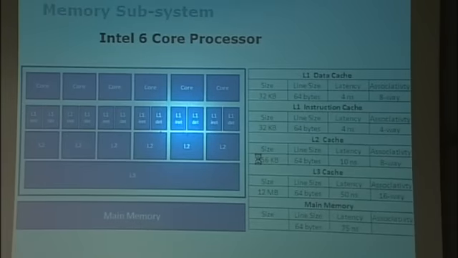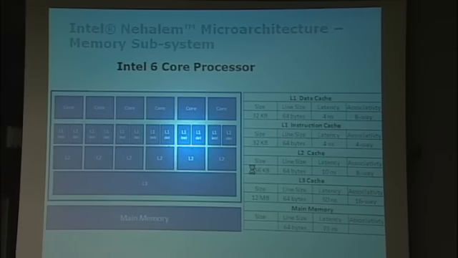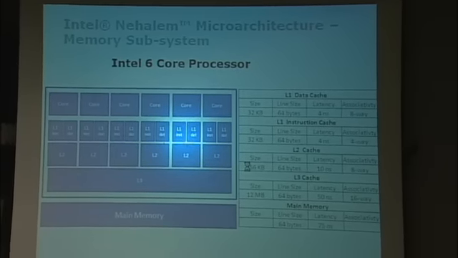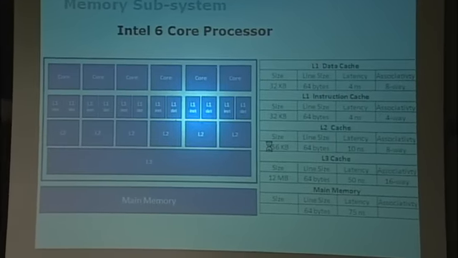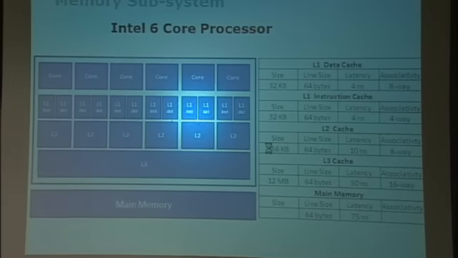So here is what the processor you are working on looks like. There are 6 cores, and there are separate L1 instruction and data caches, then an L2 unified cache per core, and an L3 cache shared by all the cores, and then there's main memory. So it's even this deep a cache hierarchy. And on the right-hand side, I showed the difference.